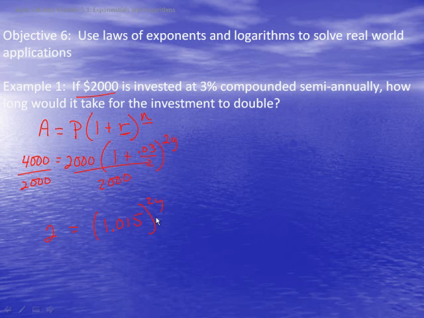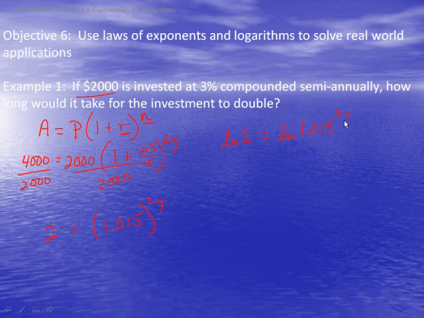Alright, I can take the natural log of both sides, so that would be the natural log of 2 is equal to the natural log of 1.015 to the 2y.